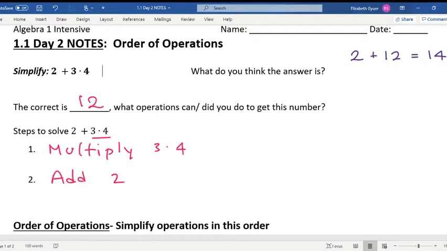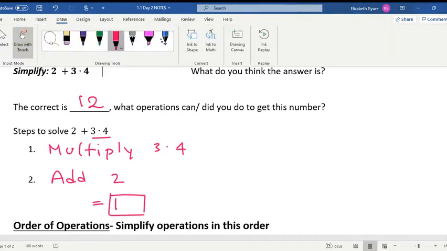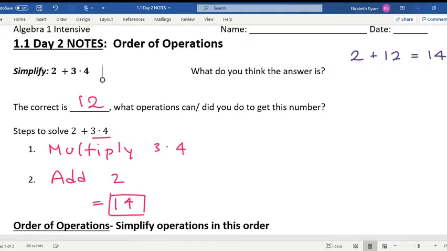So we should end up with a final answer of 12. And if you don't follow that order of operations, you end up with something a lot different, right? Or not, sorry, not 12, 14. My bad, I wrote the other number down. Right? 14 and 20 are really different. So it's going to be really important to follow your order of operations here.